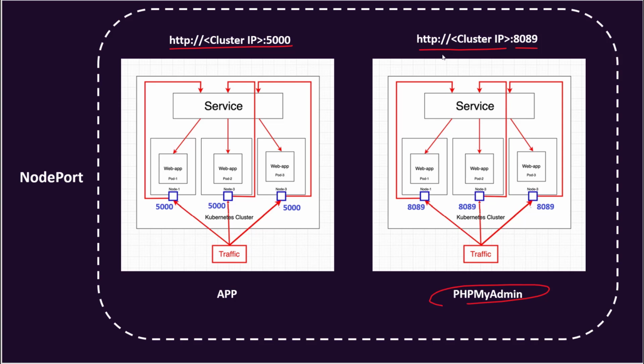At the moment, maybe this question comes to your mind: how can we get rid of these ports, and just use, for example, the cluster IP /app to access our application, or /phpMyAdmin to go directly to the phpMyAdmin interface?